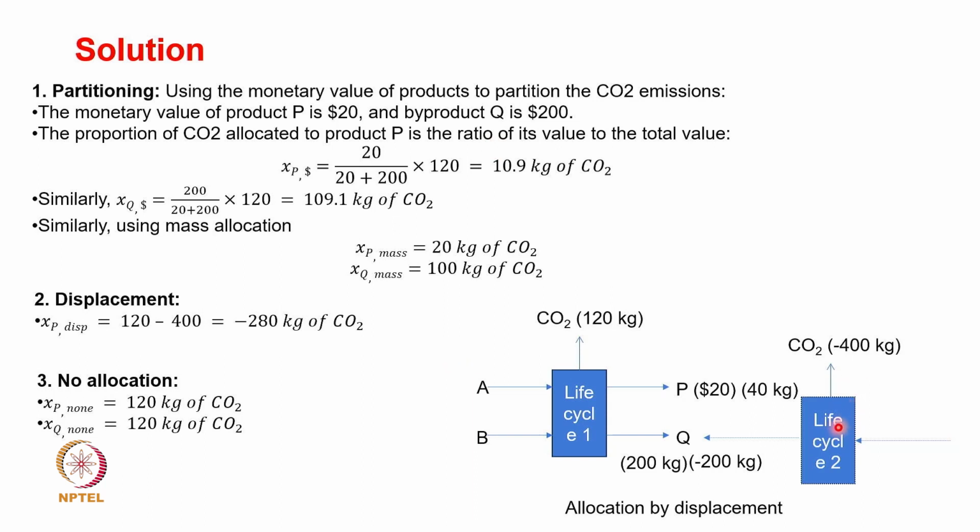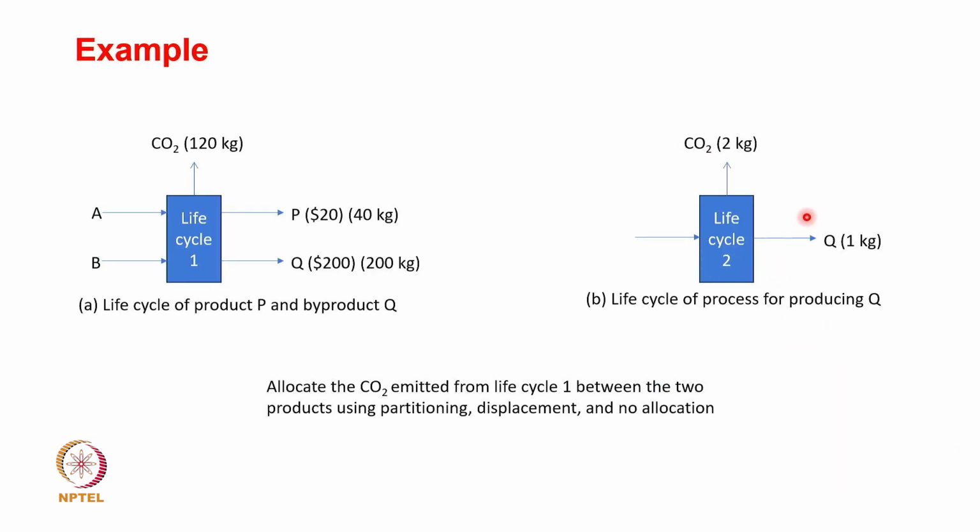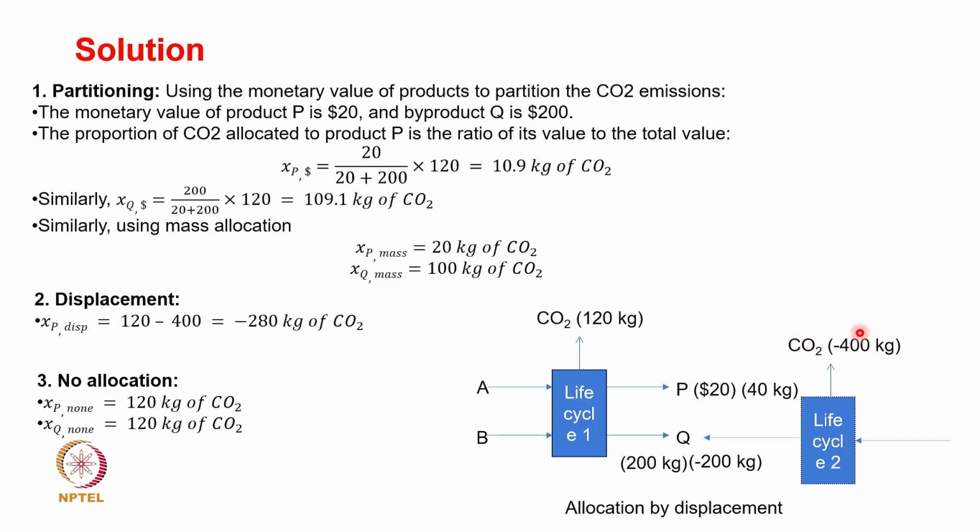So since Q is a byproduct, and you are getting 200 kilogram of Q, the actual production of Q would also result in some amount of CO2 emission, as we have seen in here. So for making 200 kilogram of Q, you are actually generating 400 kilogram of CO2. That's what is written over here.